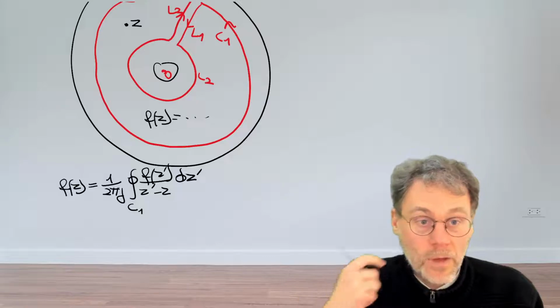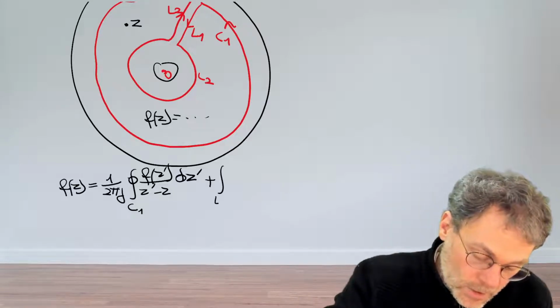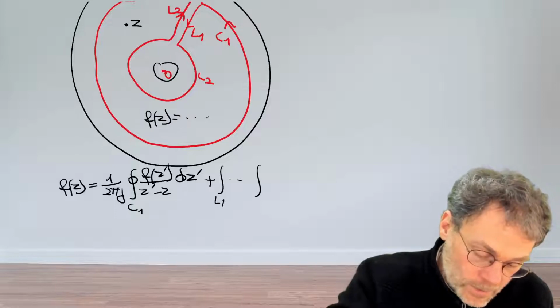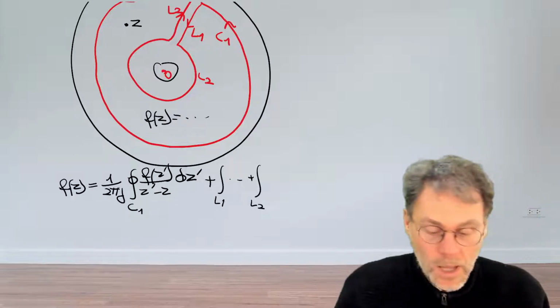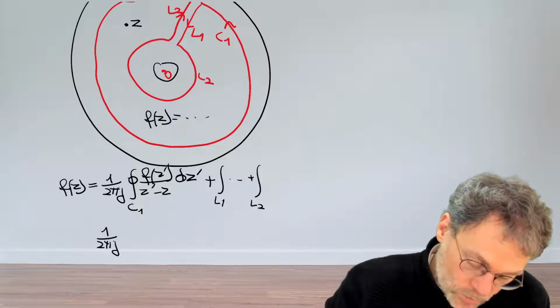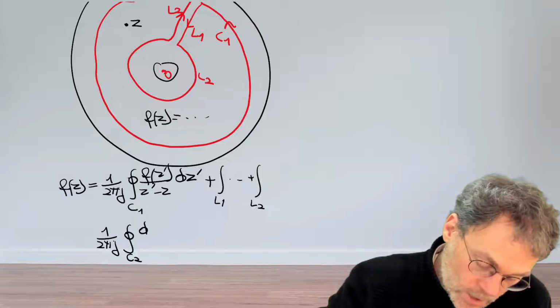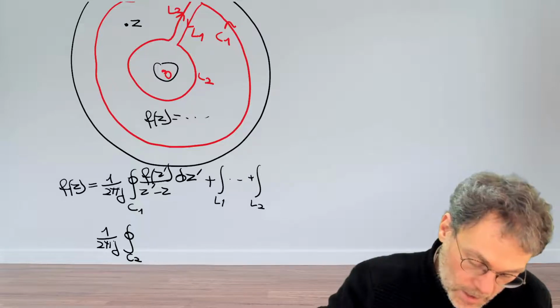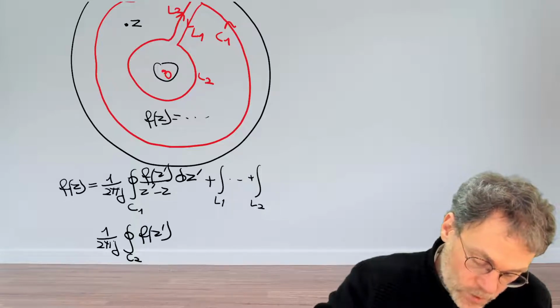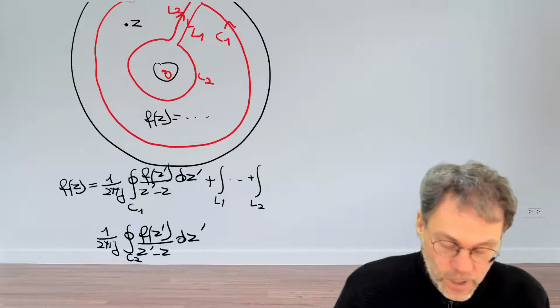Then we have a contribution from the line segment L1, from the line segment L2, and then we have a final term which is 1 over 2 pi j over the internal contour here, C2, of f of z prime over z prime minus z, dz prime.